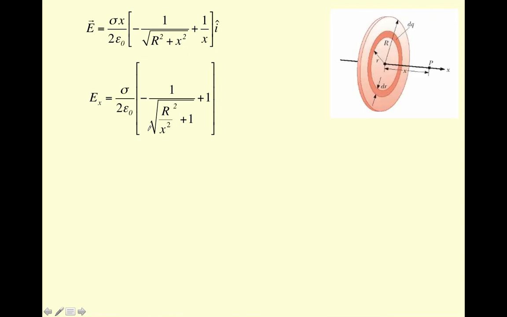Now I want to look at the limits. What happens when r, this is my radius, is much bigger than x? That means I'm at a point where I'm very close to the surface, so that my x is very small in comparison to r. That means I'm very close to the surface of the sheet.